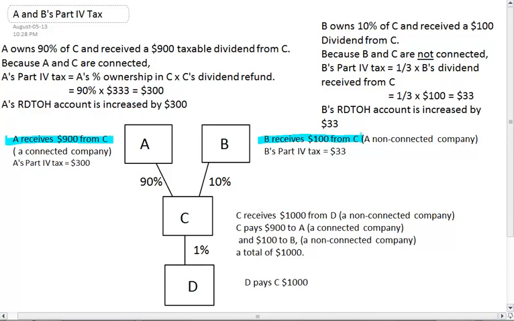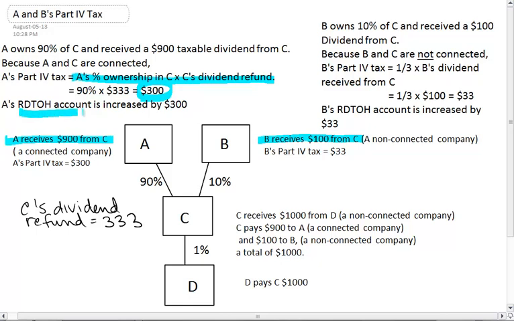Remember, C's dividend refund was $333. So 90%, which is A's ownership in C, times C's dividend refund of $333 is $300. So A's Part 4 tax is equal to $300, and A's RDTOH account is increased by that same amount.